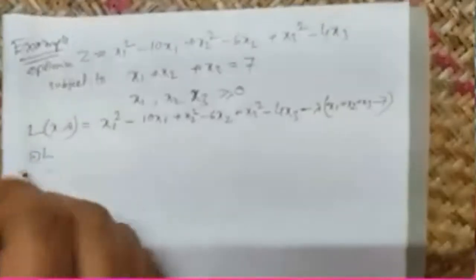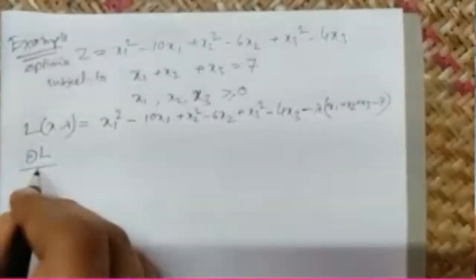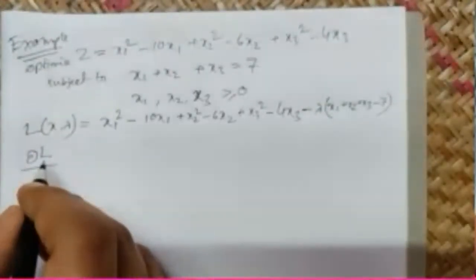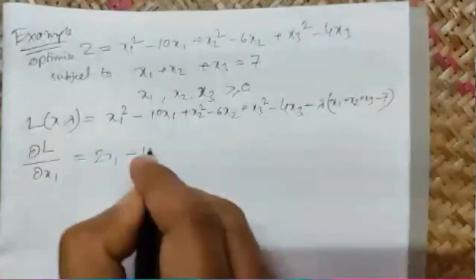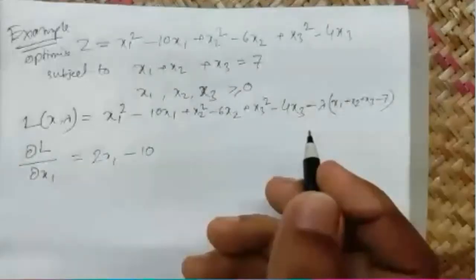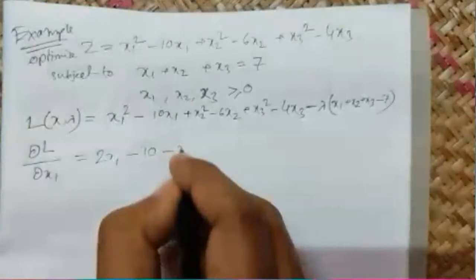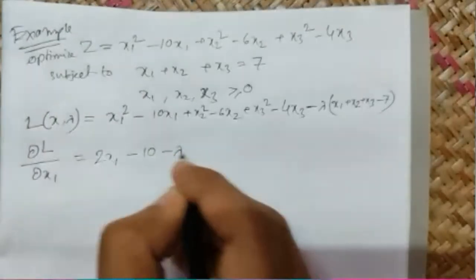Let us solve it. The partial derivative of this Lagrangian function with respect to x1 gives 2x1 minus 10, there is no other x1, and minus lambda is equal to 0.